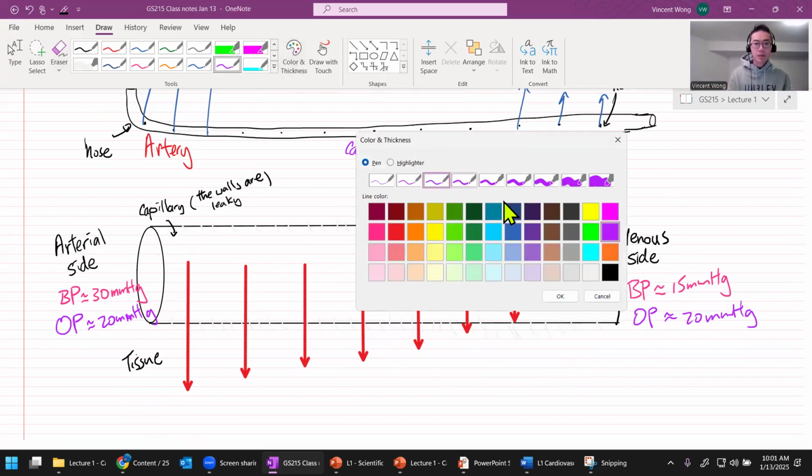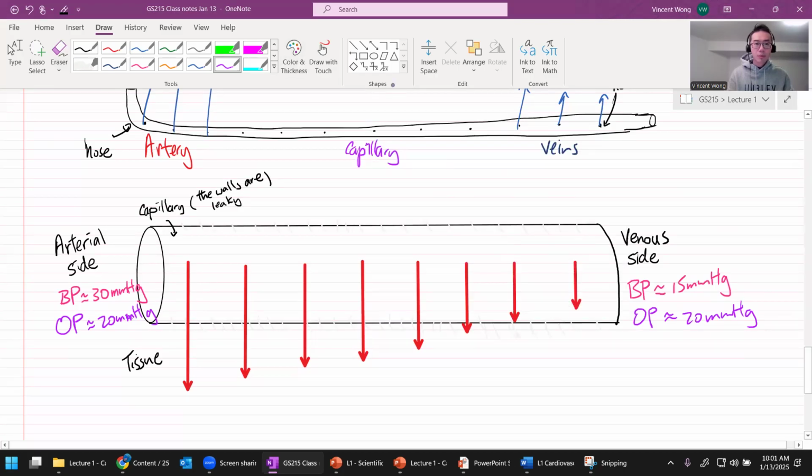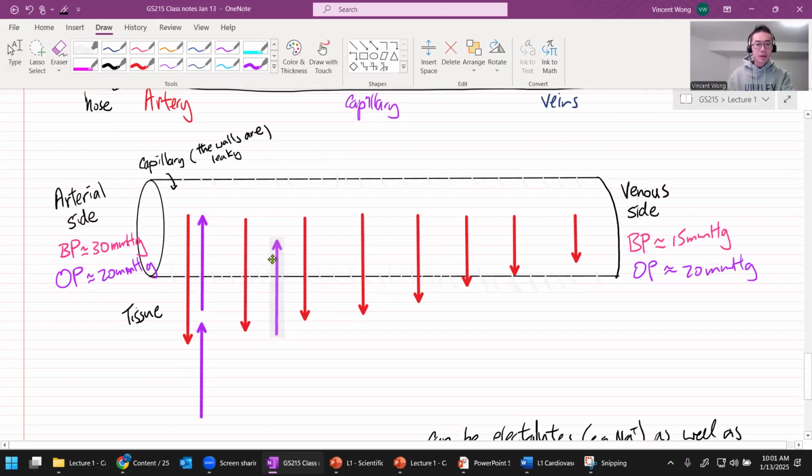So we're going to draw some arrows here to represent the osmotic pressure drawing fluid into the capillaries. And since on the arterial side, the osmotic pressure is less than BP, we're going to have a shorter arrow. Okay, and it's going to be the same arrow going across.